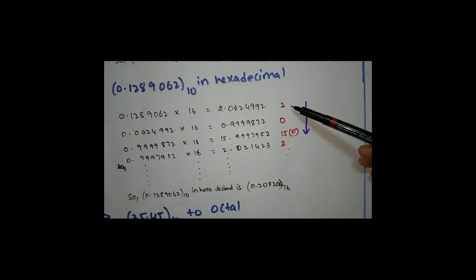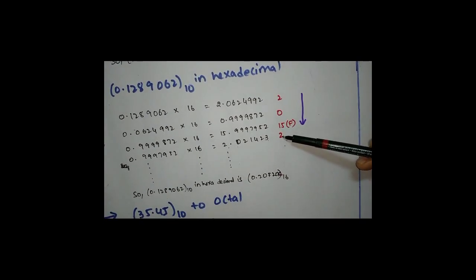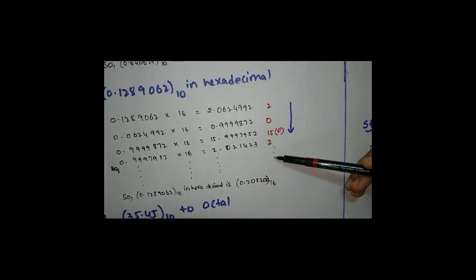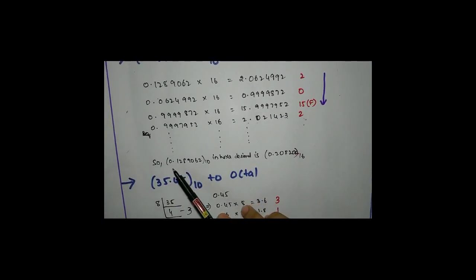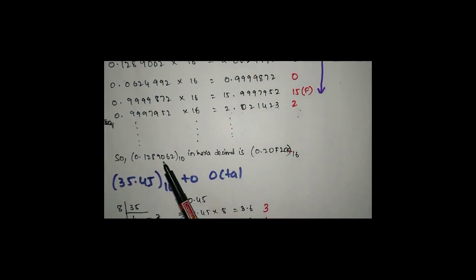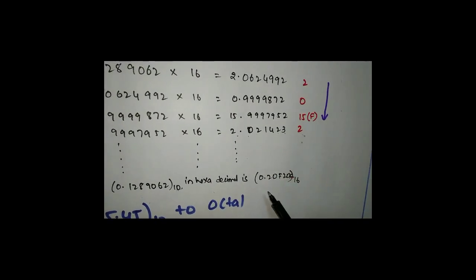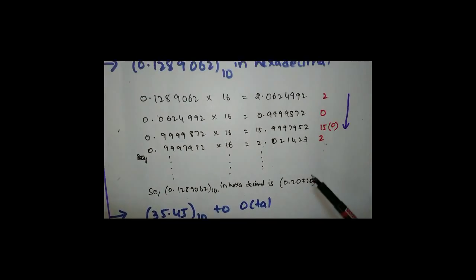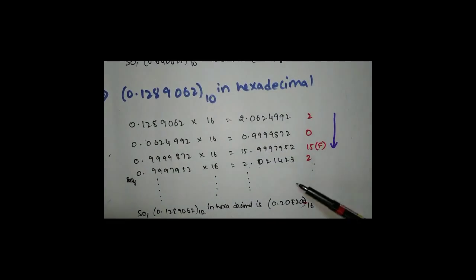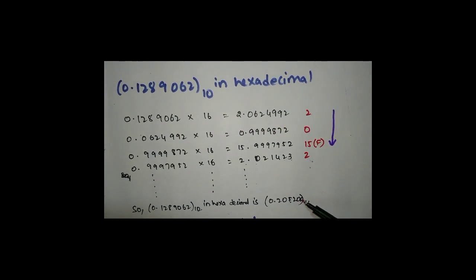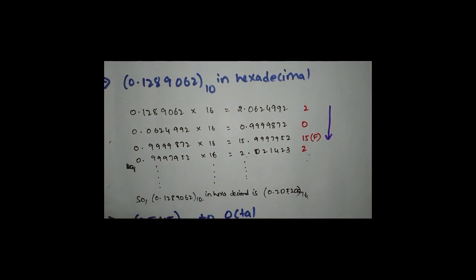So it will be repeating. I took only from 2 to 2, and the values will be more. So 0.1289062, it is in decimal. You have to convert to hexadecimal. The corresponding hexadecimal is 0.20F, and 20 the values will be repeating. So I took 0.20F and so on to the base 16.